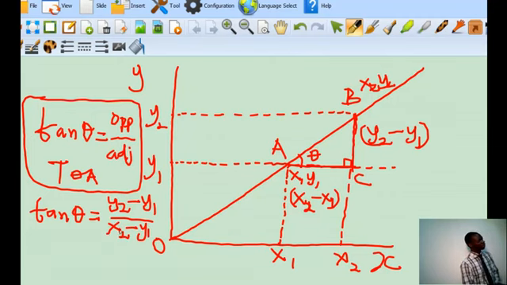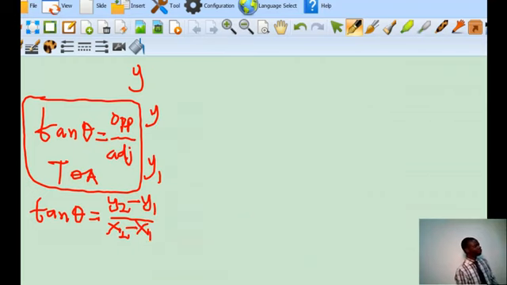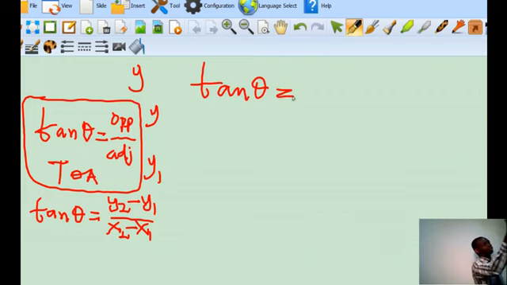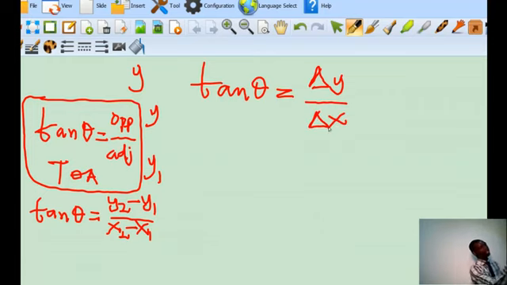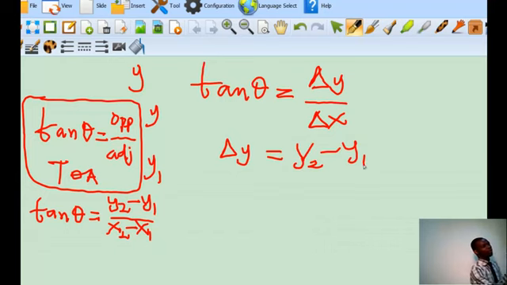Therefore, we come about an expression that gives tan theta equal to change in y over change in x, because y2 minus y1 gives us the change in y, while change in x is x2 minus x1.